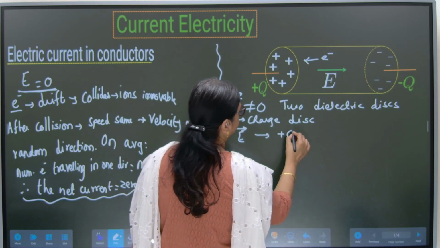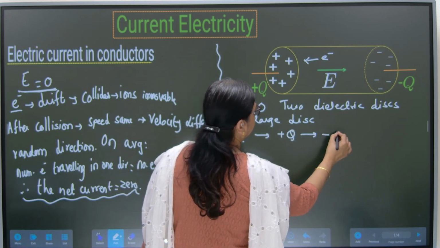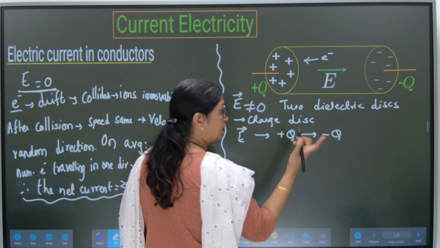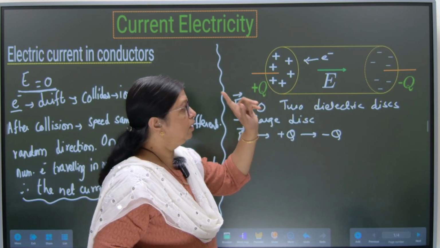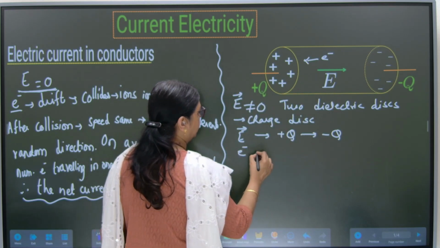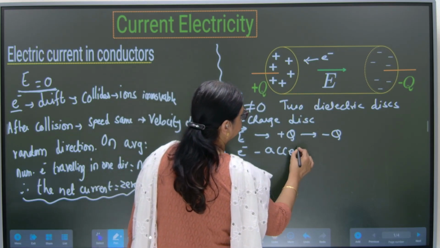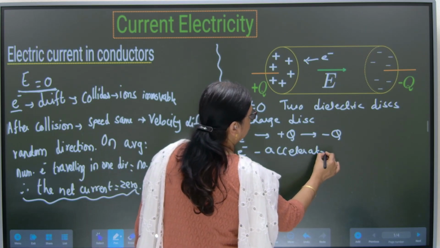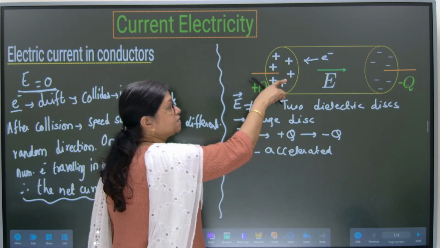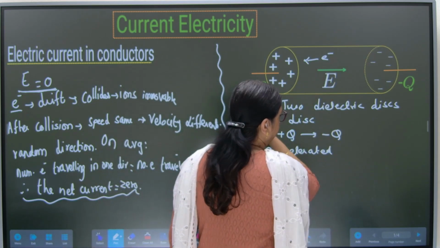Okay, positive charge towards the negative charge, and due to this electric field, the electrons will be accelerated in a direction opposite to the electric field as shown here.